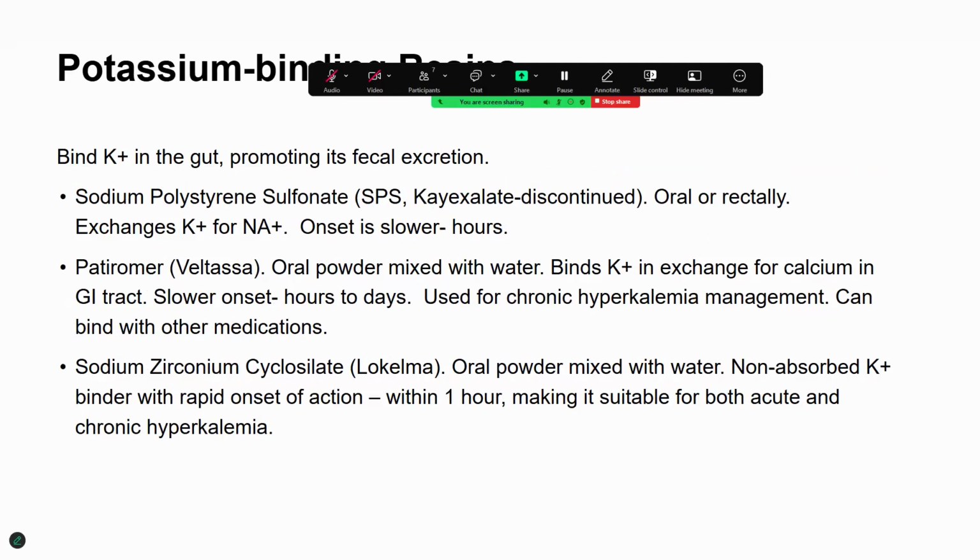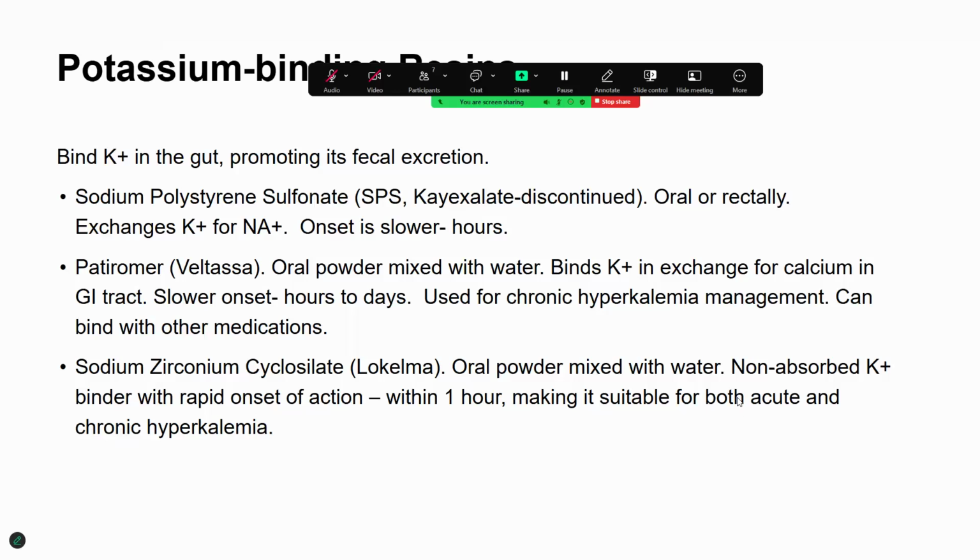The potassium binding resins are something we mostly see in chronics as well. They bind potassium in the gut, promoting its fecal excretion. Kayexalate is discontinued, but there is still sodium polystyrene sulfonate, and that is given orally or rectally. Onset is a little slower, taking hours to work.